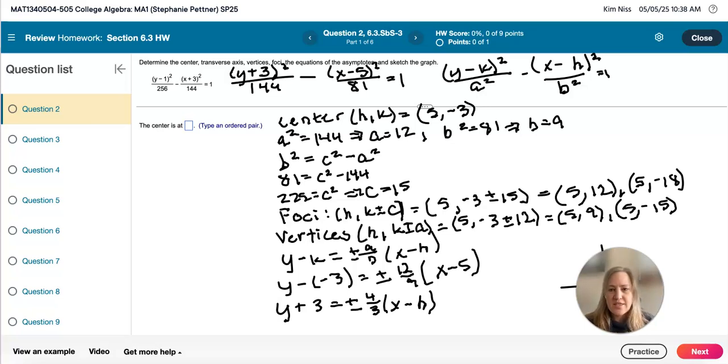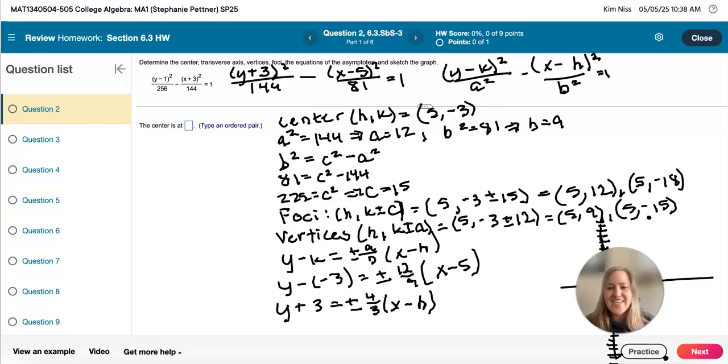We have foci at (5, 12), so counting up, it'll be somewhere up here for one of the foci, and then (5, −18), all the way down here. It's not exact.